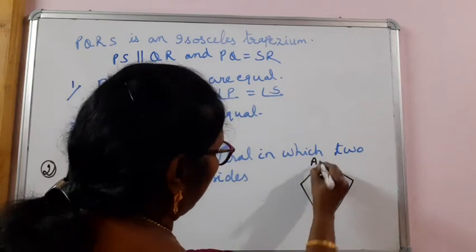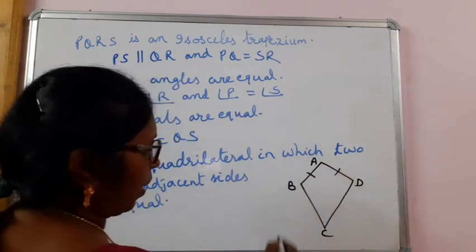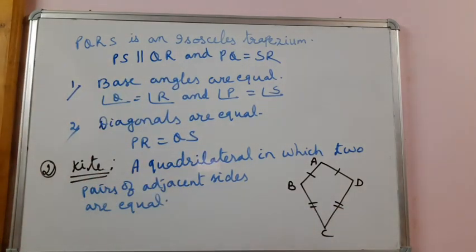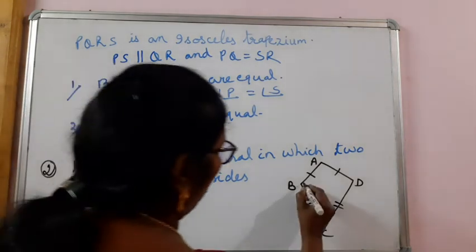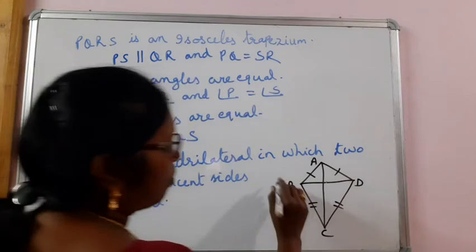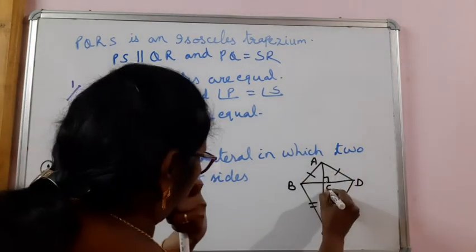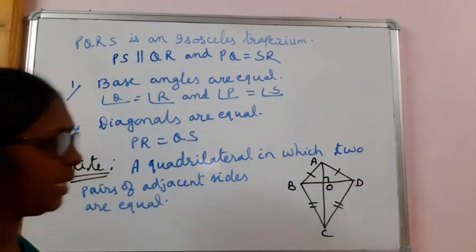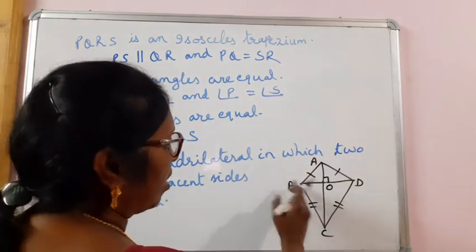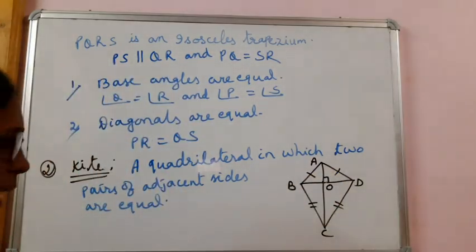We can see here, if it is ABCD, AB is equal to AD, BC is equal to CD, then it is a kite. And also, in a kite, one diagonal bisects the other at right angles. If diagonals AC and BD intersect at O, AC bisects BD and AC is perpendicular to BD.